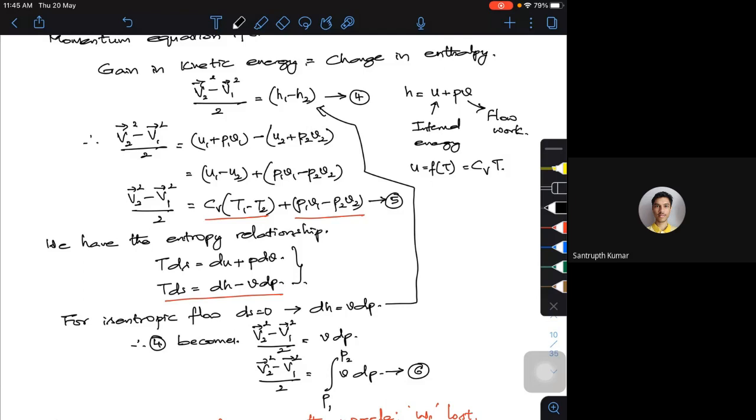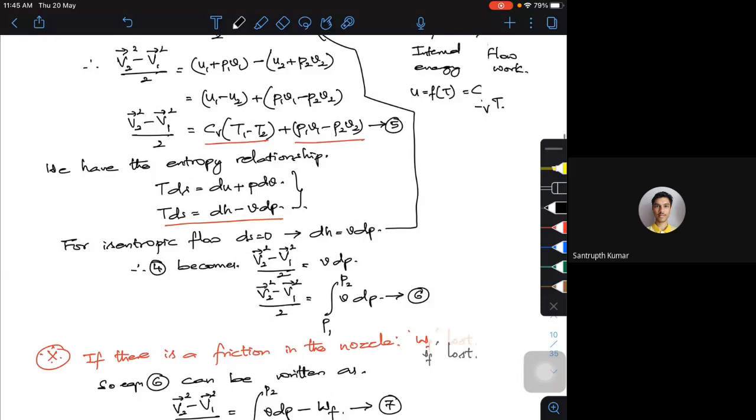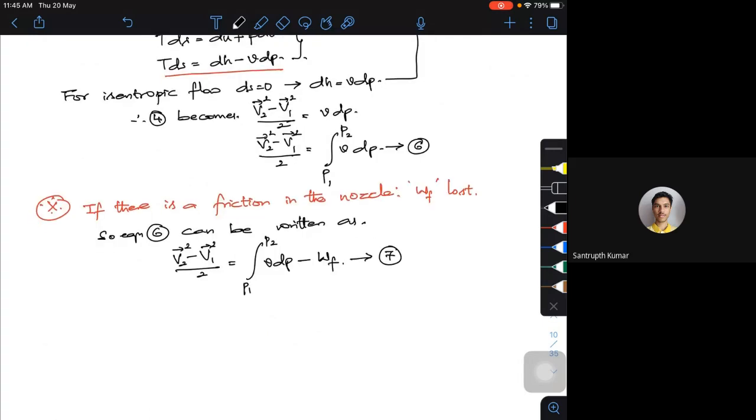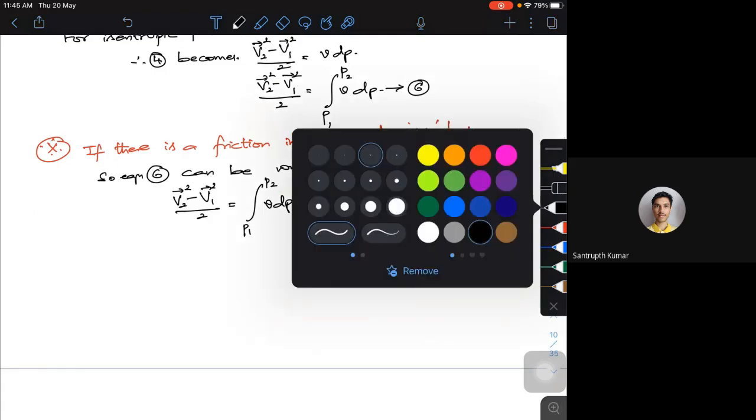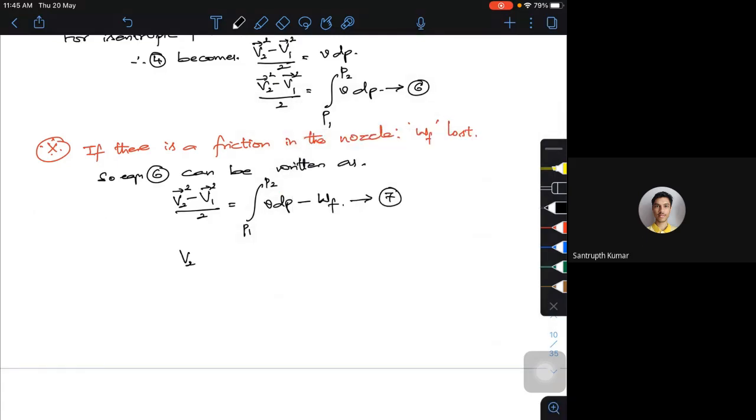If I look at this particular thing, from the momentum equation, any change in your velocity, that is V into dV, is equal to minus VdP. If I write the same expression in terms of (V2 square minus V1 square) by 2, from P2 to P1 this will become minus VdP.